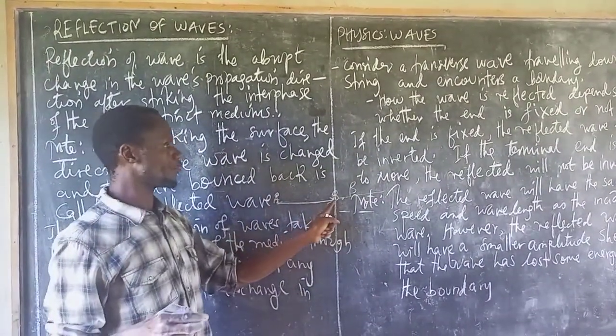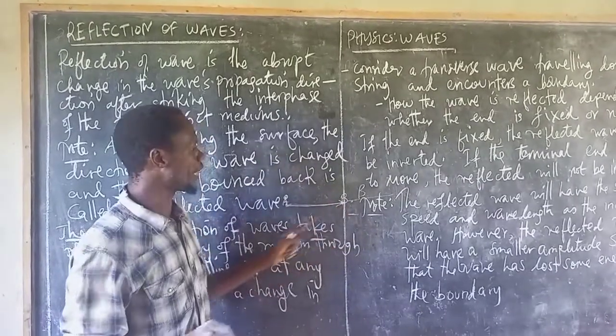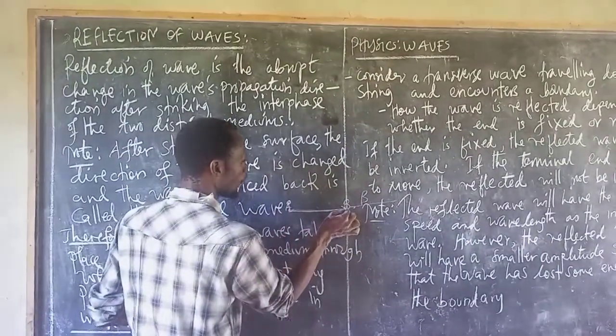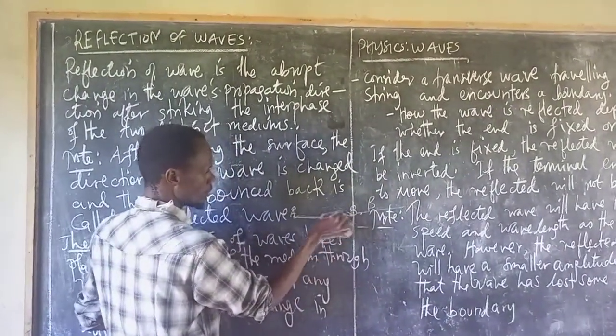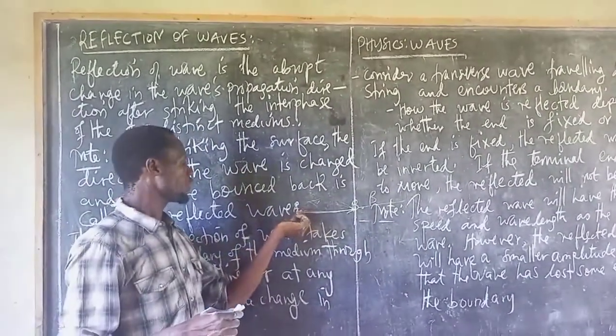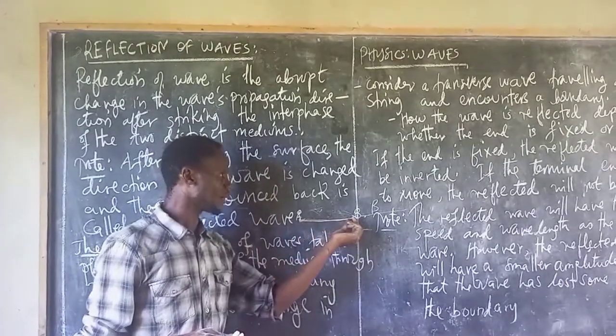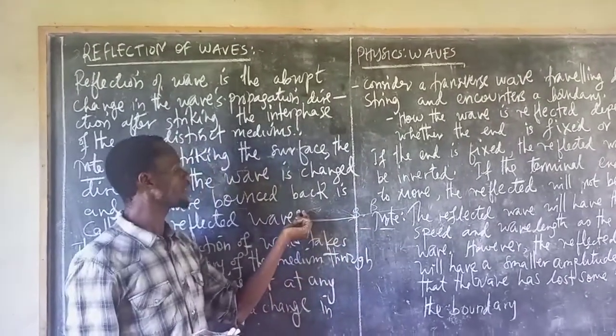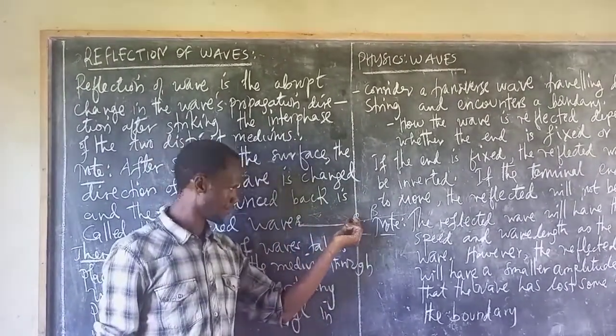And some of the wave will be reflected, means will bounce. Then we will be having two things here: an incident wave and also a reflected wave.